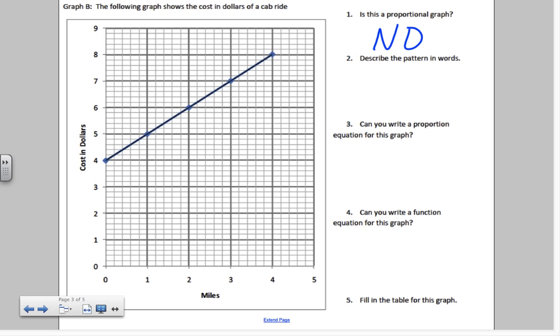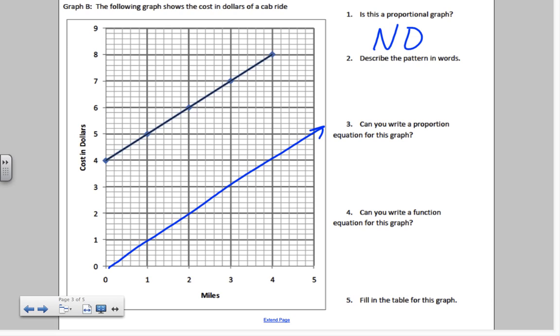You see the pattern? So does it have a constant rate inside that line? Every line has a constant rate. For it to be proportional, it has to start at 0, 0. So what if I said the cab driver had started at 0, 0 when you got in the cab? What do you notice about those two lines?